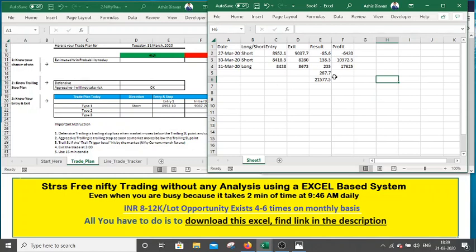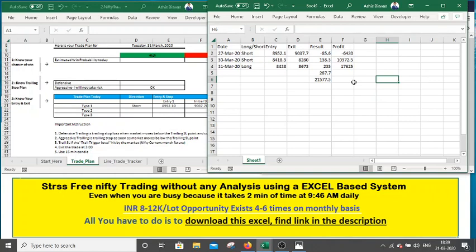Together all of these accumulated to 287 points, which was around 21,577.5 INR.